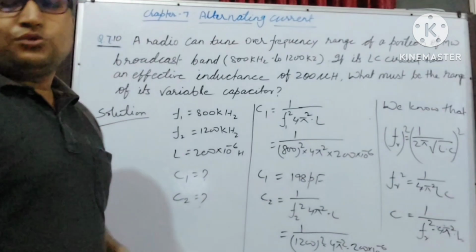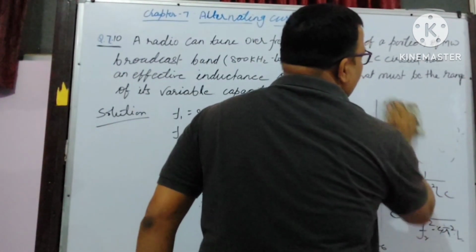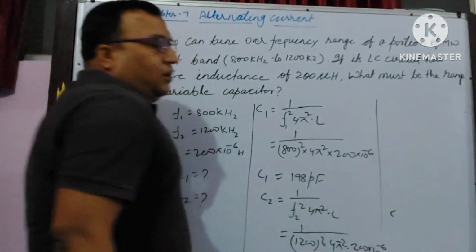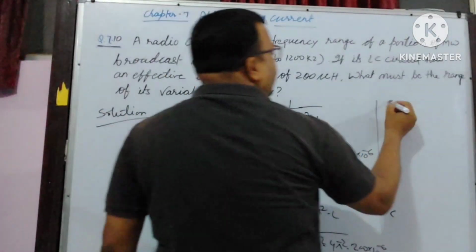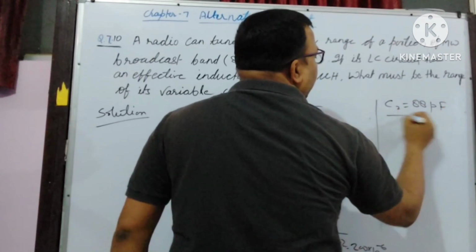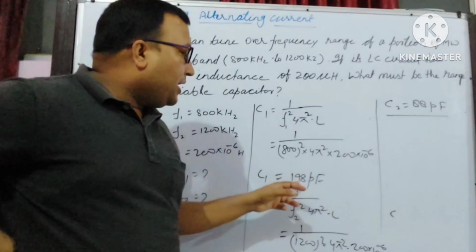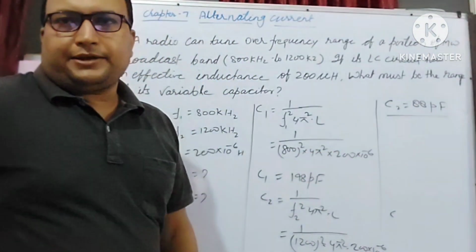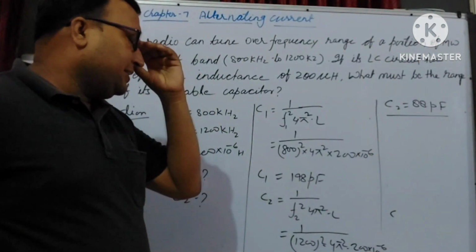When you resolve this one, the result will come 88 picofarad. So you will get the range from 198 picofarad to 88 picofarad. You just have to go through the solution of this one and you will get the result.